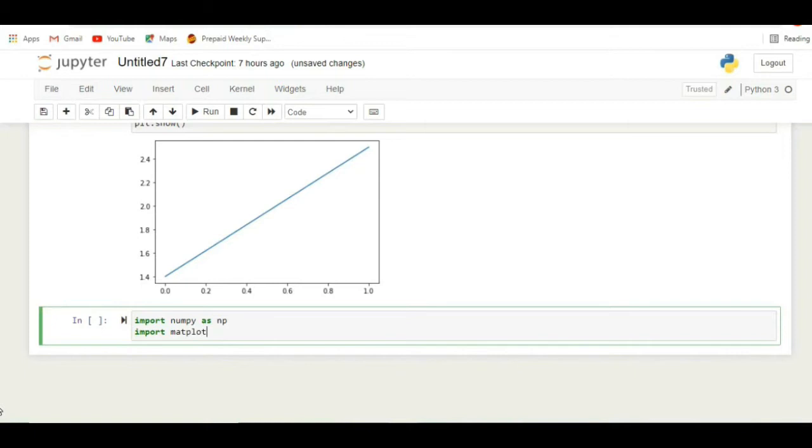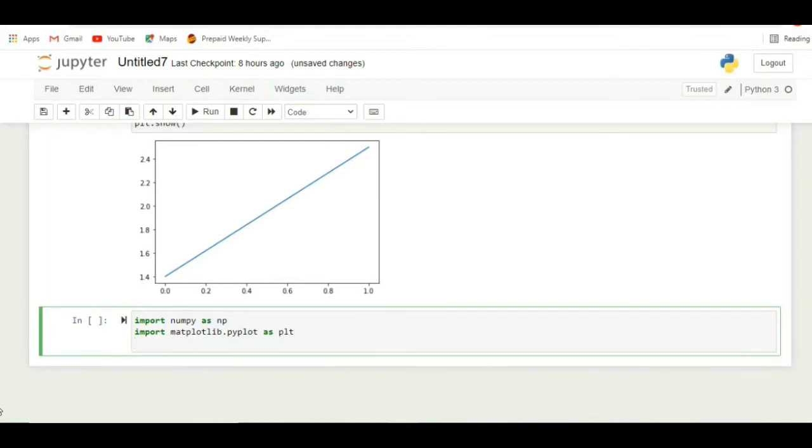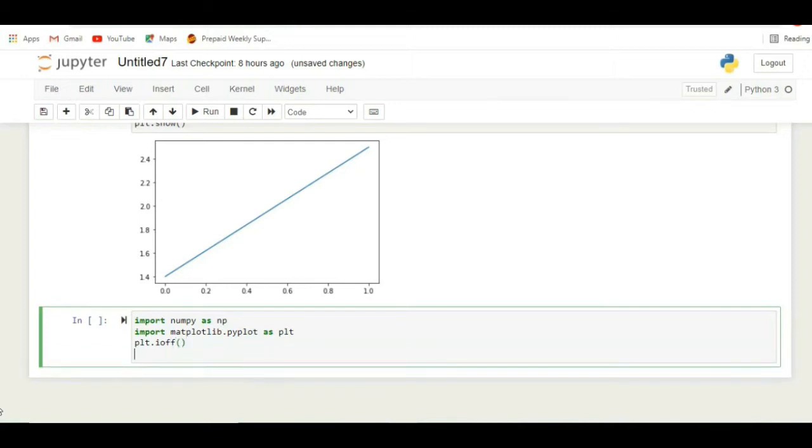Import matplotlib.pyplot as plt, and after writing this we shall start the code. So plt.ioff, inside the parenthesis you shall not write anything.